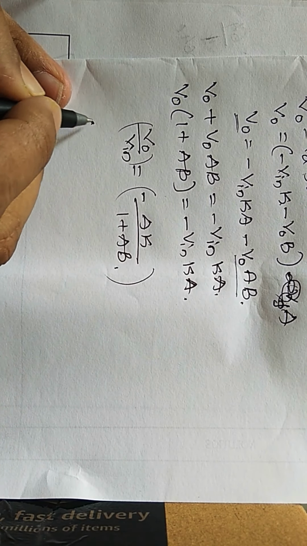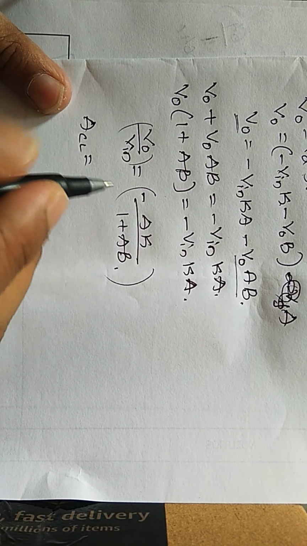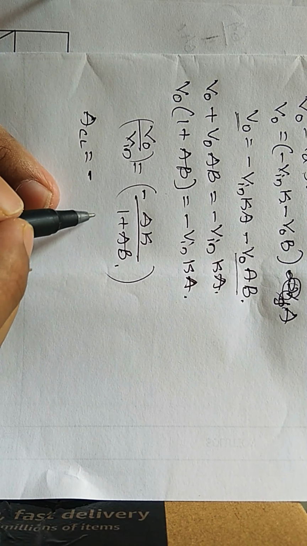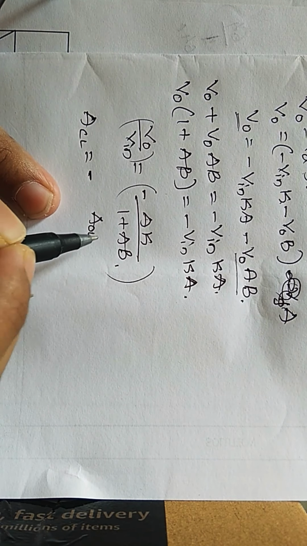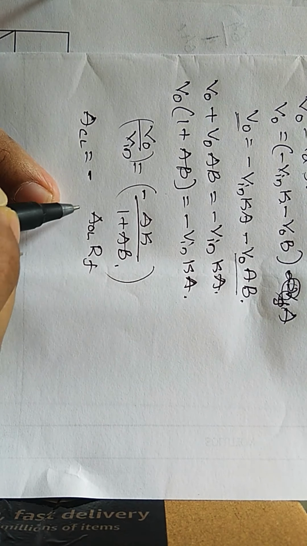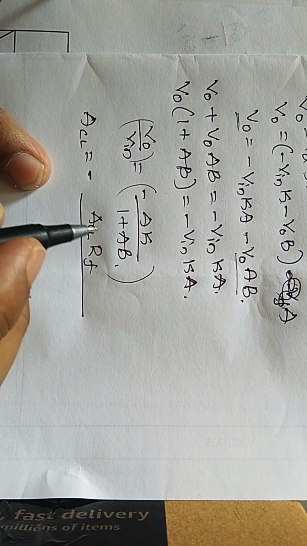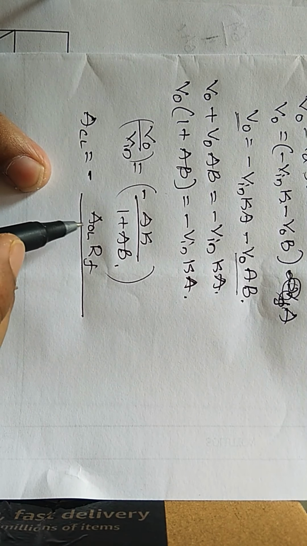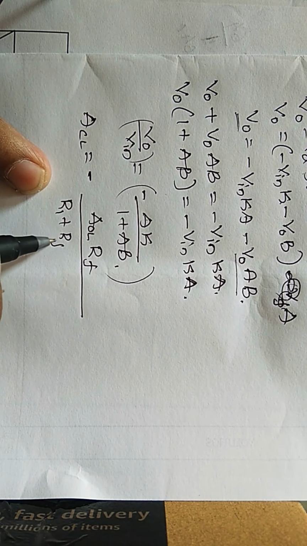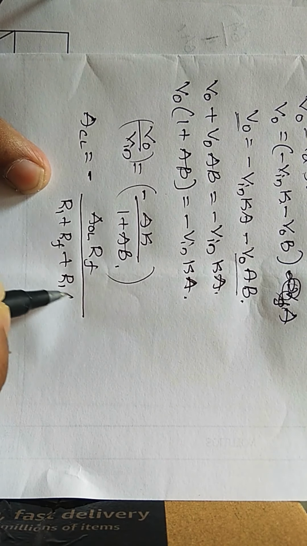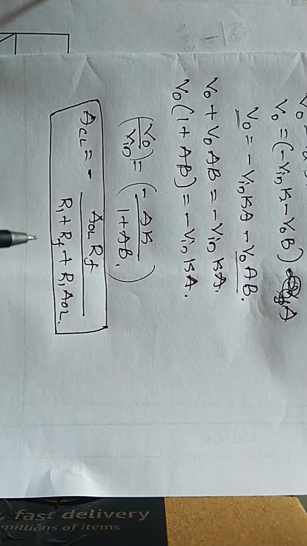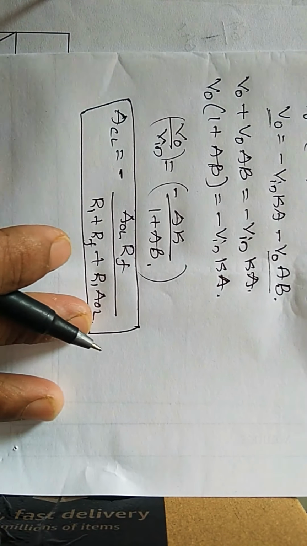So that is stated as ACL, closed loop system, equals minus of A, which indicates the open loop gain, into K, which means the factor. And we are considering, with respect to the previous equation, that it is RF by R1 plus RF, plus R1 into AOL. We already derived this equation in the previous one.